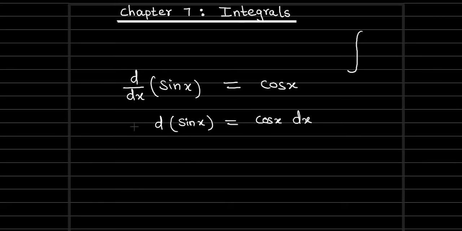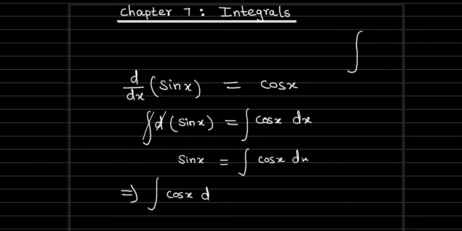I am going to apply integration on both sides. Differentiation and integration are reverse processes of each other, so they will cancel. So we will get sin x equal to integral cos x dx. From this we can say integral cos x dx is sin x.